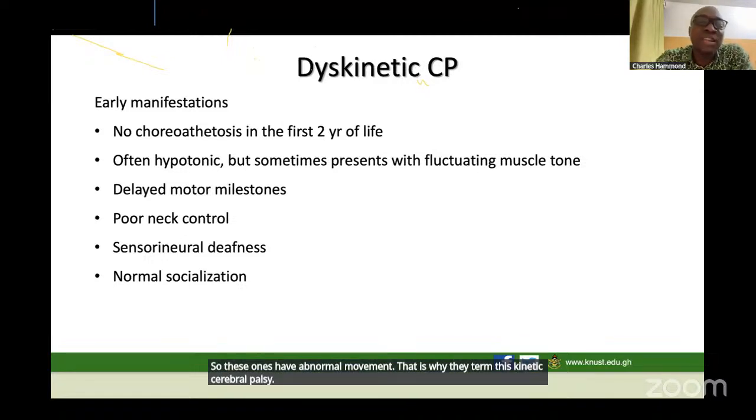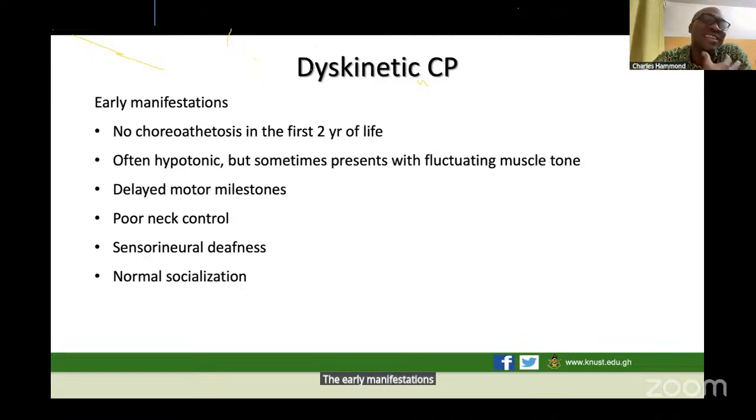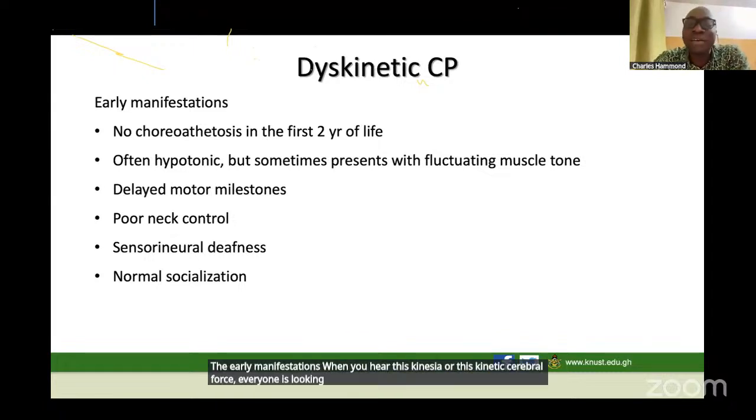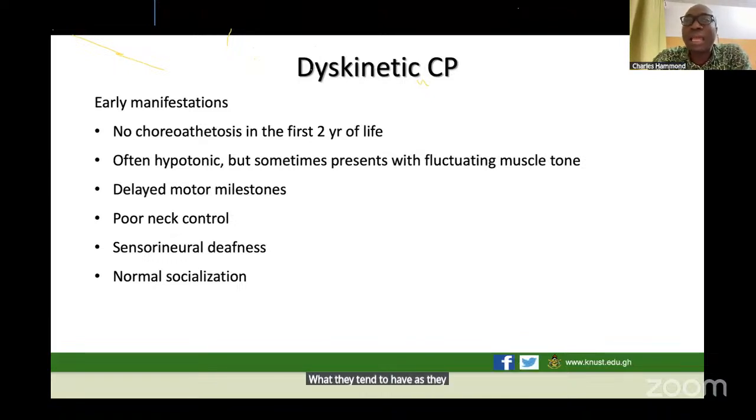The early manifestations: when you hear dyskinetic cerebral palsy, everyone is looking for abnormal movement. But in the first 2 years of life, they tend to have no abnormal movement. They don't have any choreoathetosis in the first 2 years of life. As they grow older, they tend to have more dystonia. Dystonia is when you have twisting and turning movement on purposeful movement of the limbs.